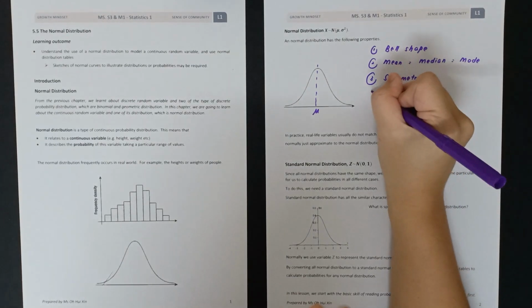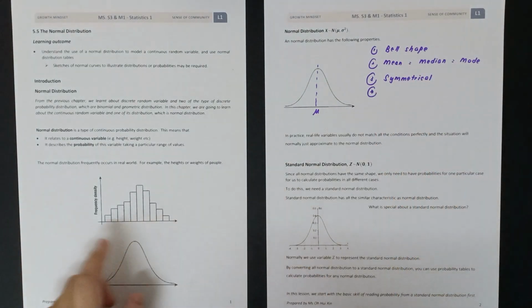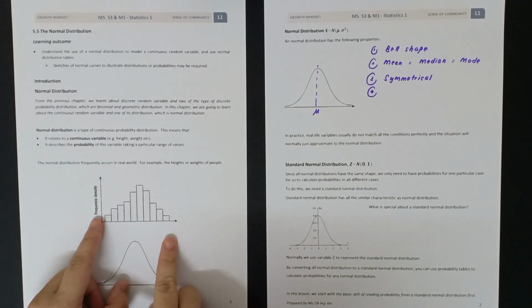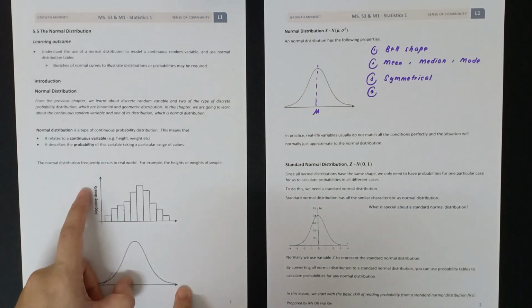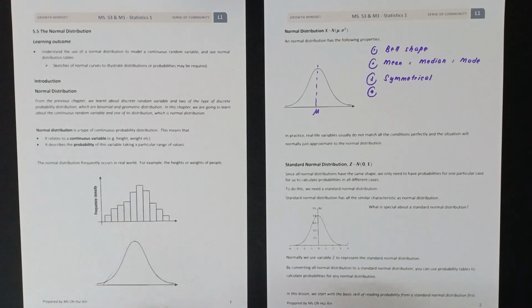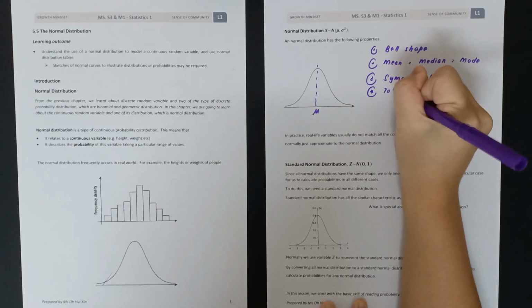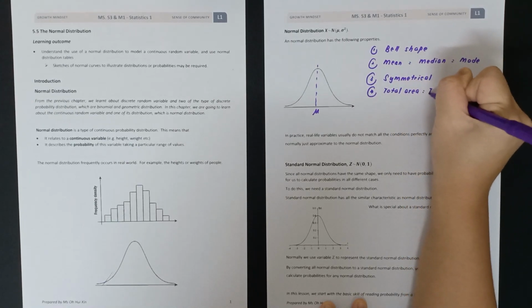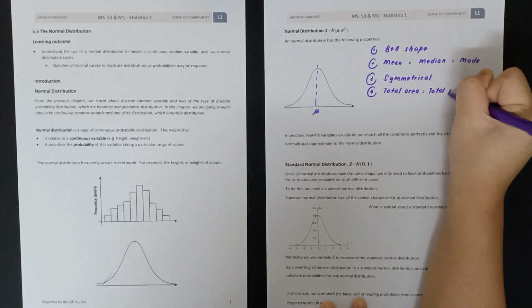Then just now when we drew the bar graph, this is actually the frequency density. If you still remember, when we use the frequency density and multiply by the group width that we have, it basically equals the probability. So the total area under the curve basically equals the total probability.